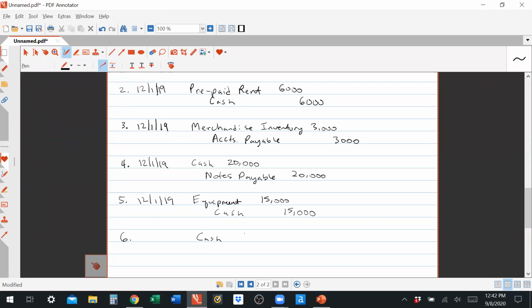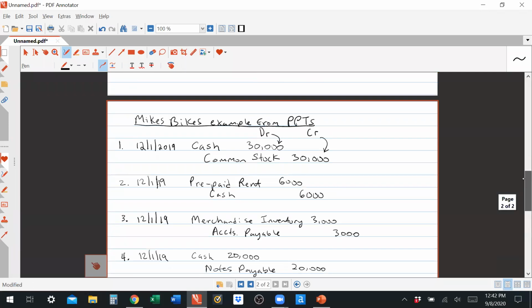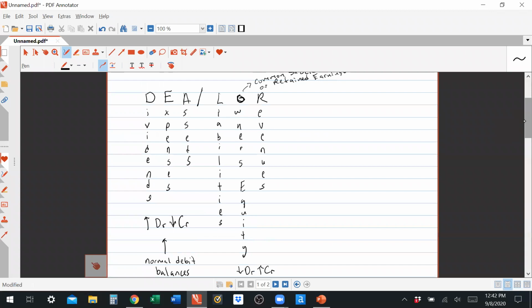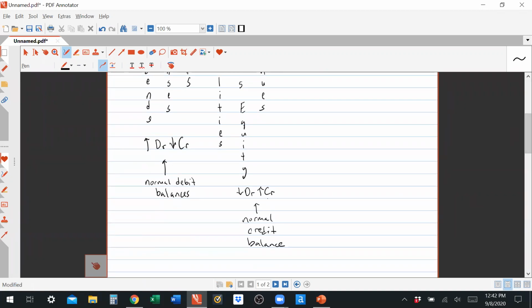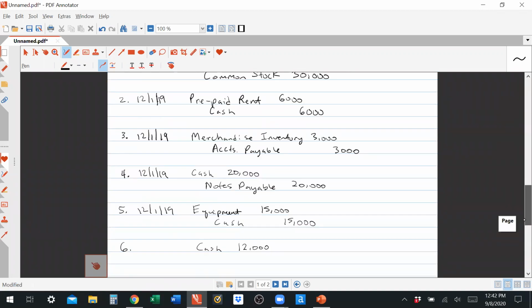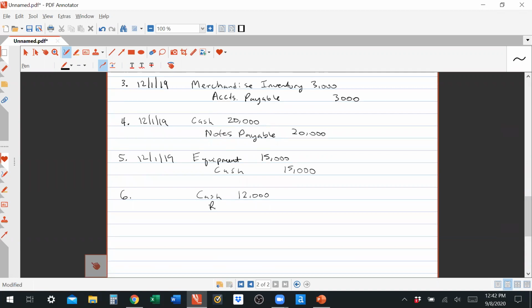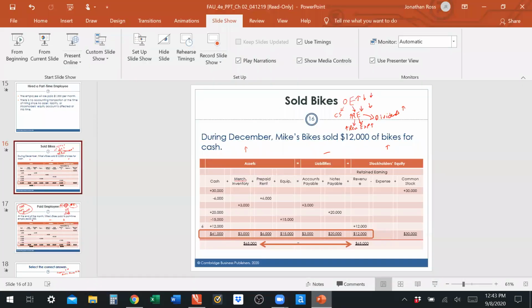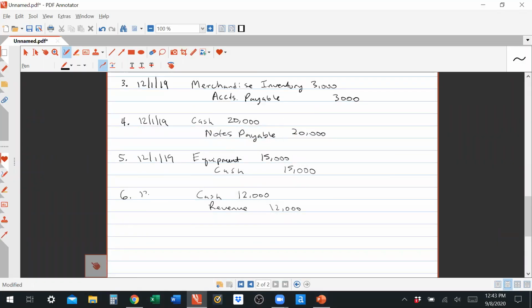We debit it. And revenue, which of these 6 categories is revenue? It's right here. It's a revenue and it goes up. We said it went up by 12,000. So how do we make a revenue go up? We credit it. What was the date? It just said during December. I'll just put it as of the end of the month.